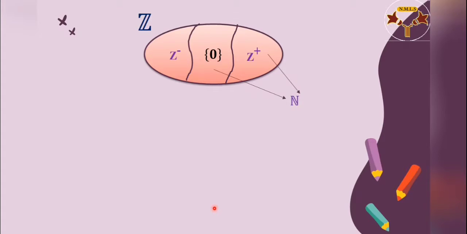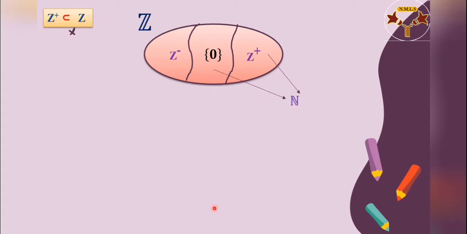And as you know, the 0 with the positive integers form the set of natural numbers, N, and here I will write N, and from this diagram we will conclude some notes.